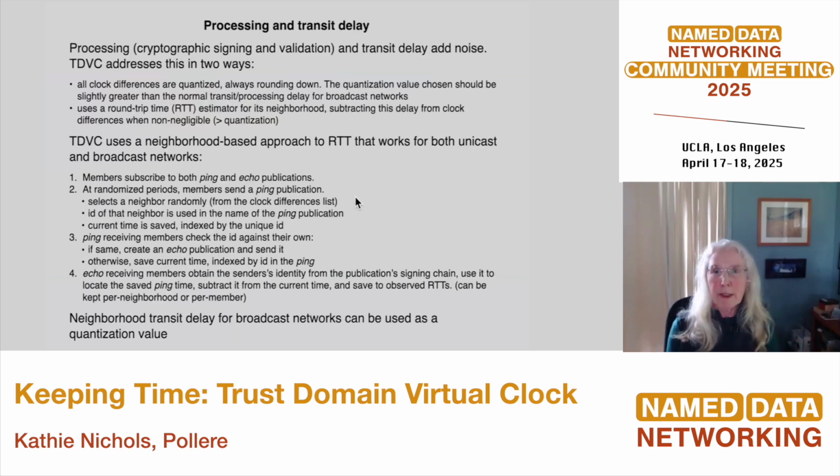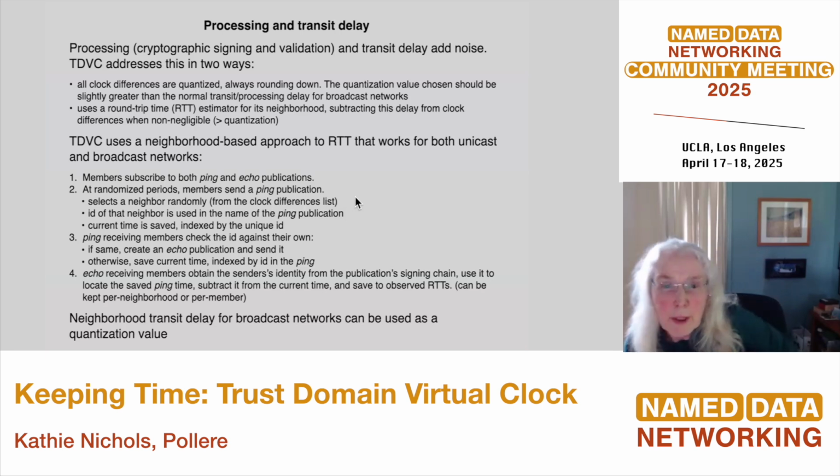Looking at those delays some more, we have processing delays from our cryptographic signing and validation, and then we have the transit delays, and they both add noise. We approach those in two ways: clock differences are always quantized and we always round down, and that quantization value should be a little bit larger than the normal transit and processing delay for a broadcast network.